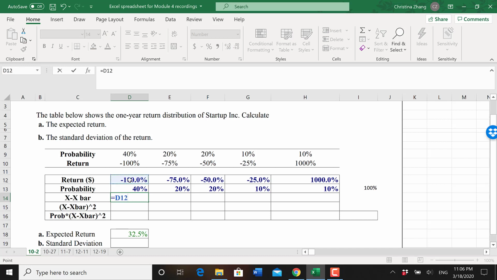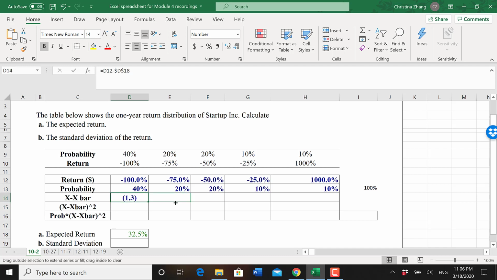My return is negative 100%, my expected return is 32%, and I'm going to anchor this number so I can scroll it to the right. Let me convert it to percentage so it's a bit easier to see.